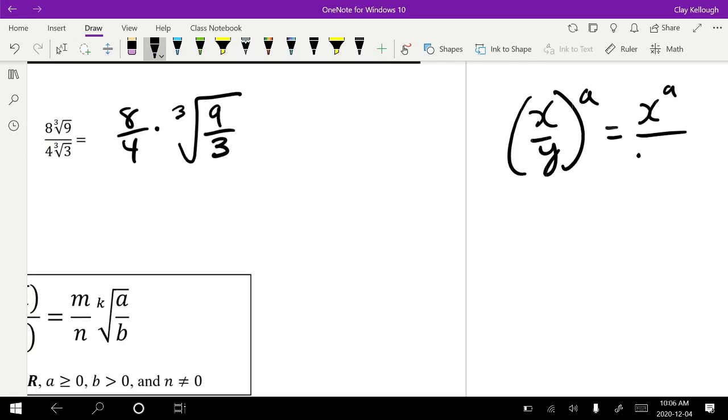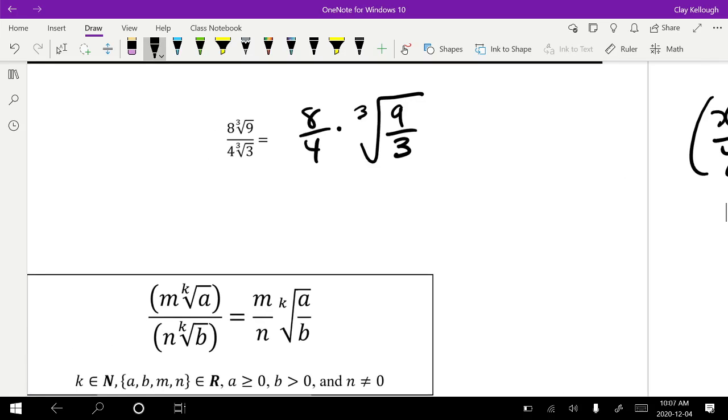You can distribute an exponent through a divide, which means you can go backwards. If you see a divide where you have 2 bases to the same power, you can put them into 1 power. And that's really what I just did there. Roots, radicals are powers. They behave according to exponents in BEDMAS. So this is 8 divided by 4, which is 2, and the cube root of 3.